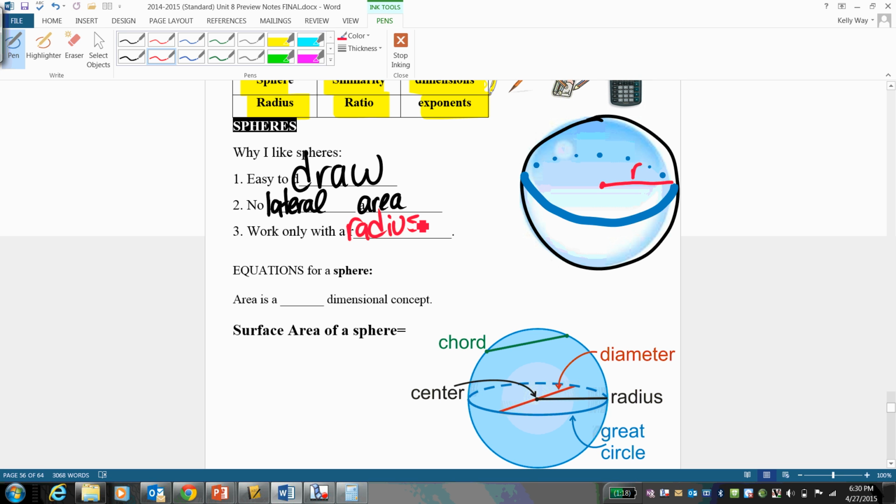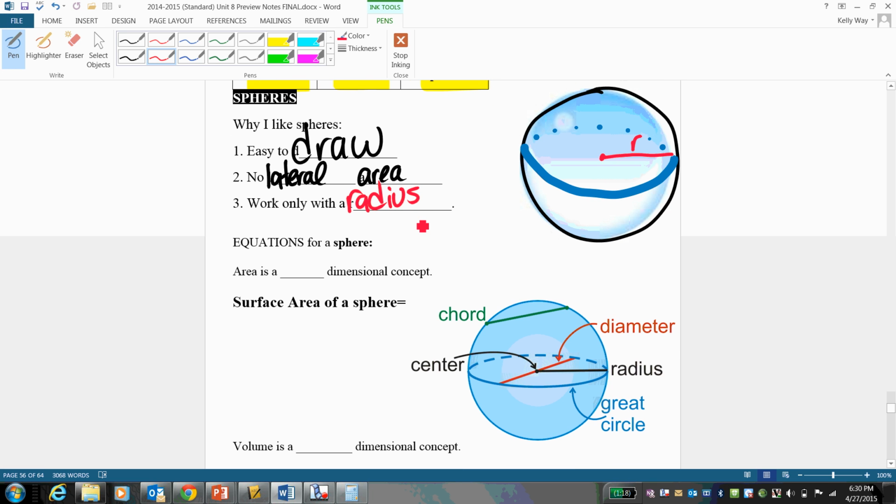Okay, now we're only going to talk about 2 things about a sphere. One is the surface area, which would be the wrapping paper or like the felt of a tennis ball. And 2, the volume, which would be the inside guts. Let's just differentiate. Area is a 2-dimensional concept.